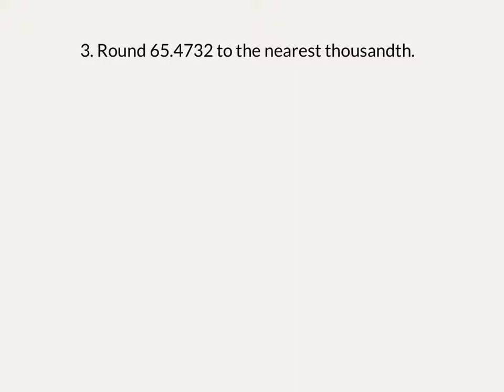Question 3. Round 65.4732 to the nearest thousandth. Here we have a decimal number, and our rules for rounding decimal numbers are the same. First, we'll identify the thousandths place. If we look at the number to the right of the decimal point, which is a 4, this is our tenths place.